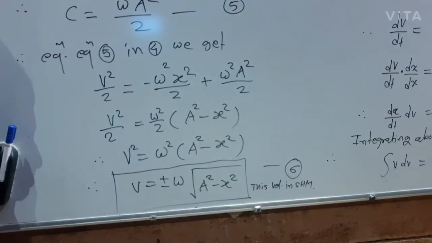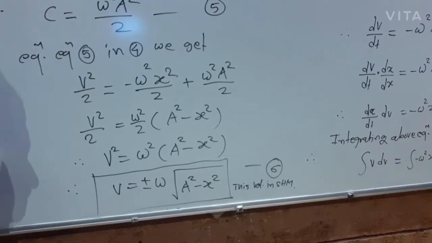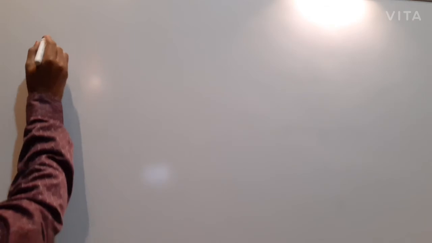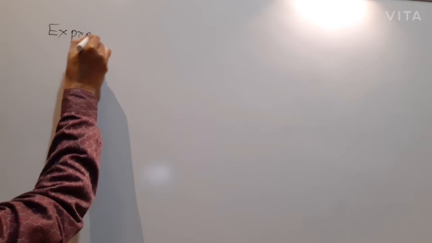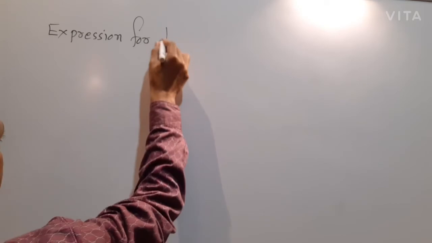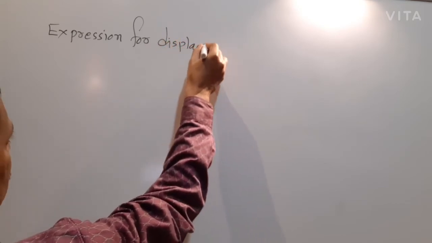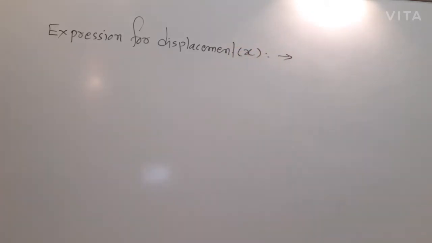In this way, we derive velocity from the expression of acceleration. From the expression of velocity, we are going to derive the expression for displacement in linear SHM. So write down, or denote this point as expression for displacement, in brackets x.